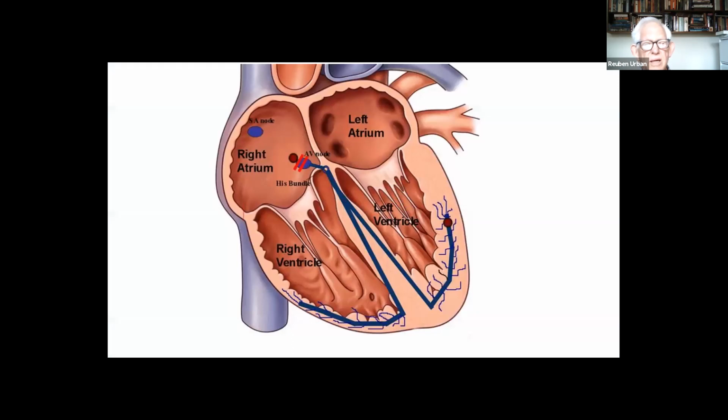So here we are. I found this lovely little repetitive thing. So here's the SA node up the top. The two top chambers are the atria, left and right.